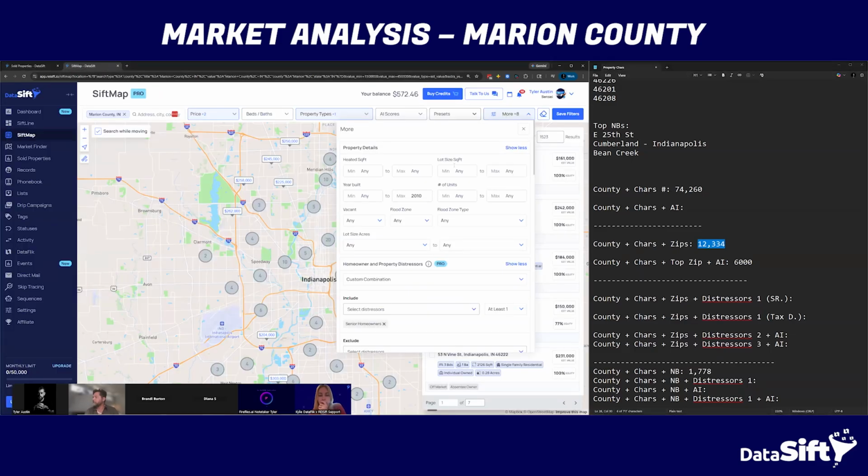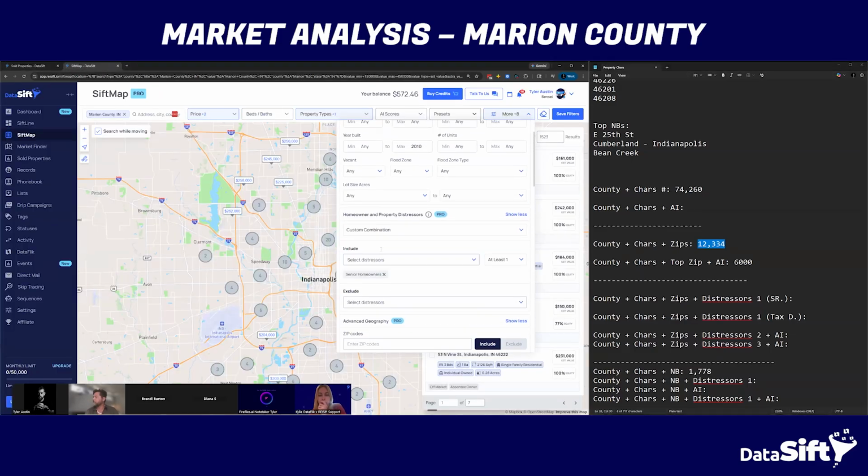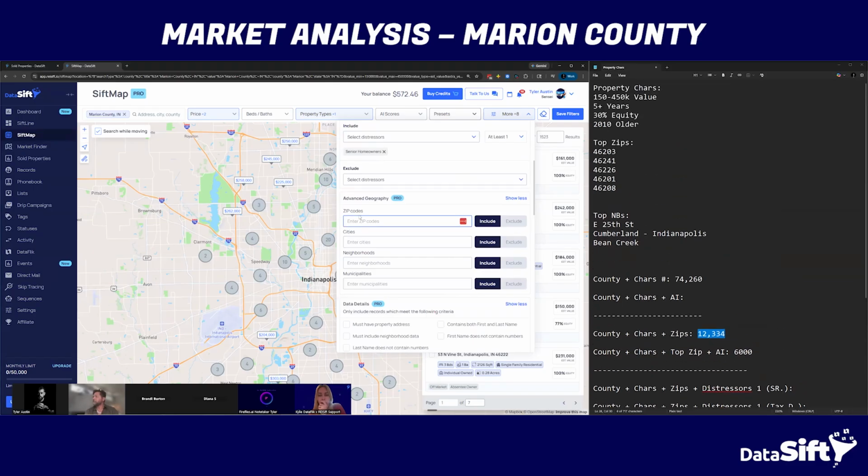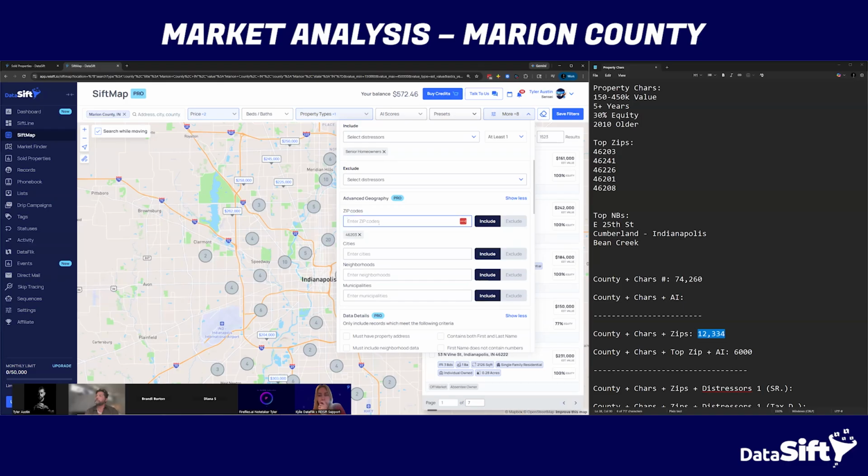Right. And so I come over here and I have senior owners on here already. I have absentee. Let's add our zip codes back in. 46203. And by the way, what I should have done for the sake of this is saved this as a preset when I first started, so I didn't have to do this every time, but that's okay. 46241, 46226, 46201, and 46208.